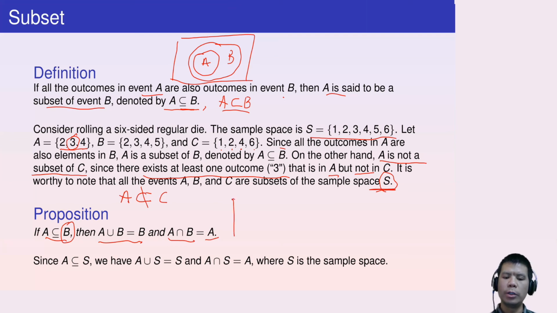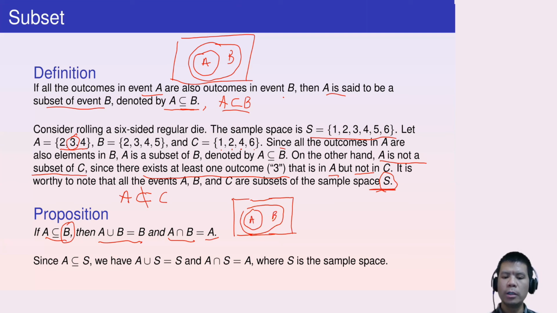Let me just show you in the Venn diagram. Let me draw another one here. Say that this is B, this is A.